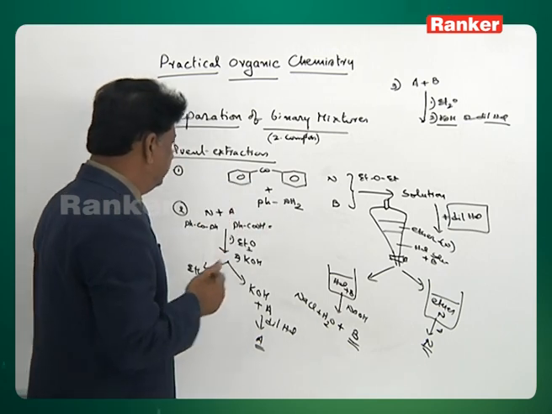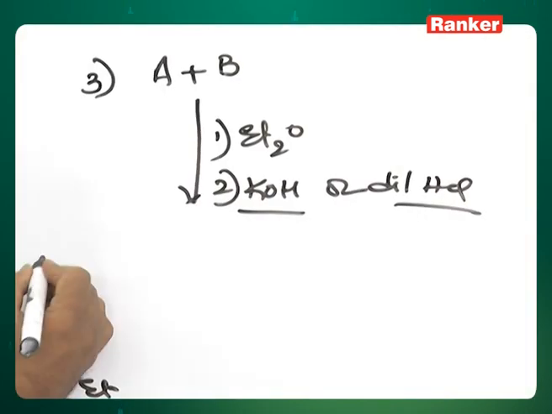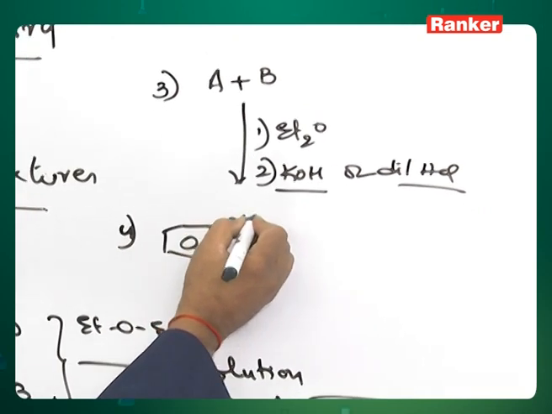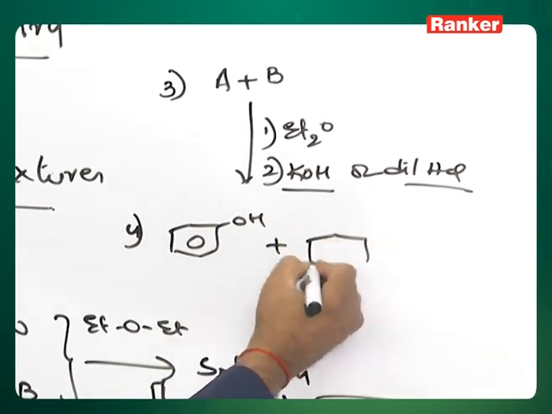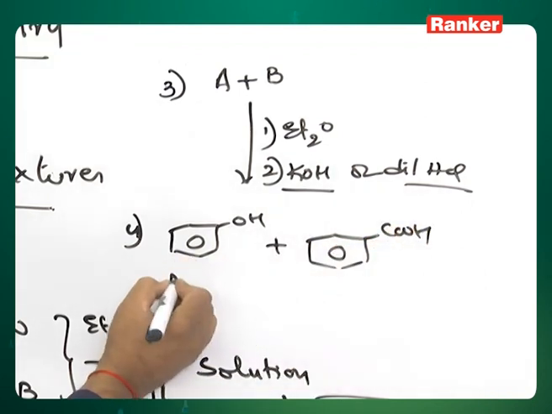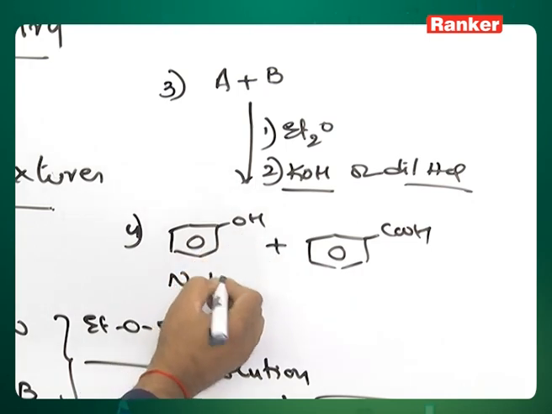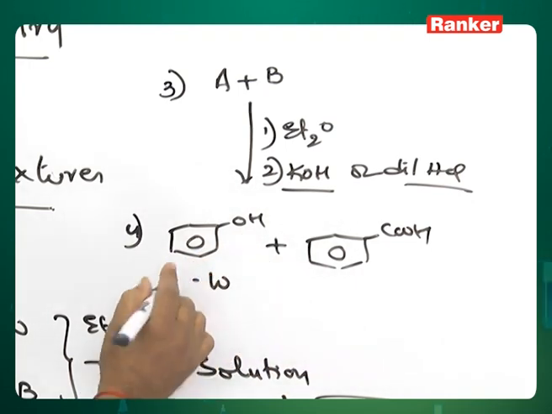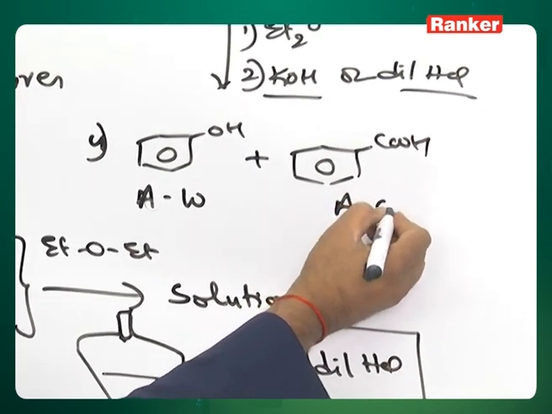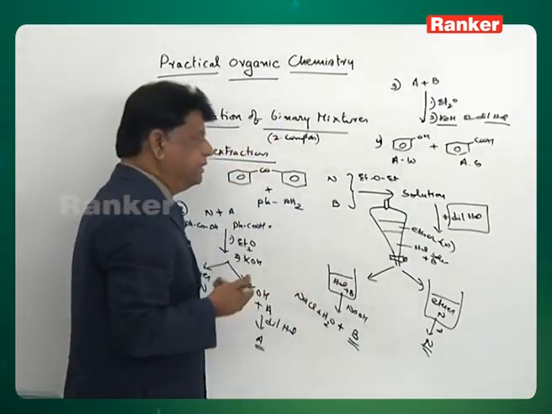And another type is if a phenol and a benzoic acid are there. Both are acids only, a weak acid and a strong acid. Phenol is the weak acid, and benzoic acid is the stronger acid. So, what will be the separating medium?